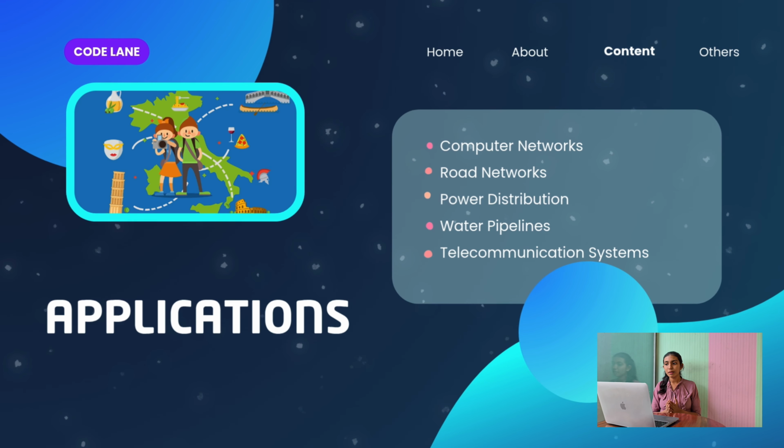Kruskal's algorithm helps achieve this objective. The second application is road construction. Governments often need to connect cities through roads while minimizing construction costs. The minimum spanning tree provides the most cost-effective solution.